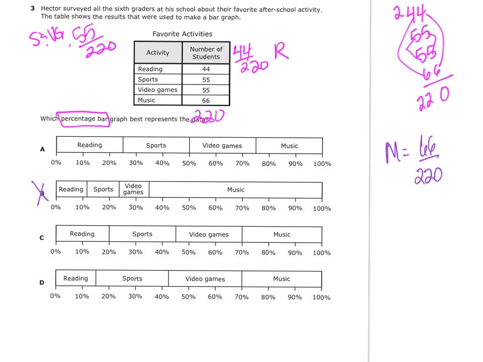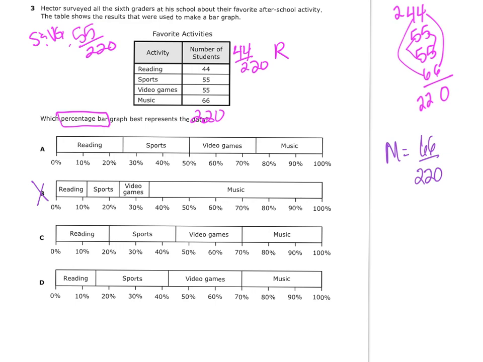You could divide 44 divided by 220. But I know, to find the reading one right now, I know that both of these are divisible by something. So think for a second about what they're divisible by. Okay, I know they're both divisible by 2, but is there something else?